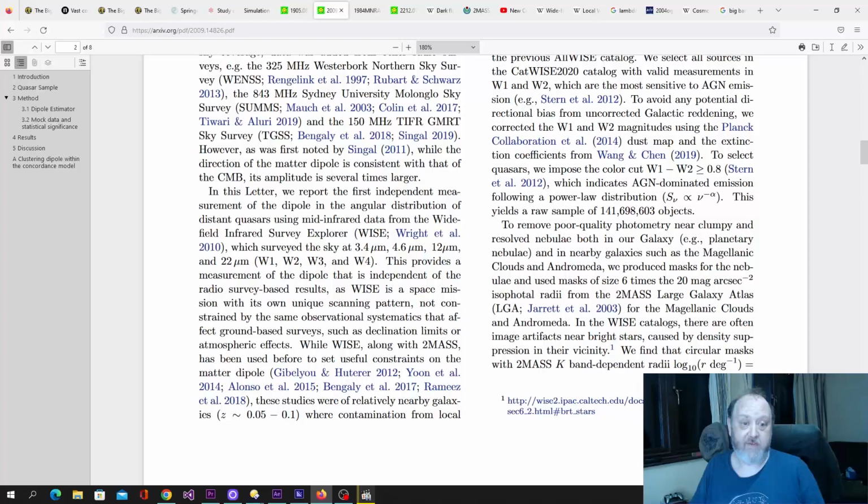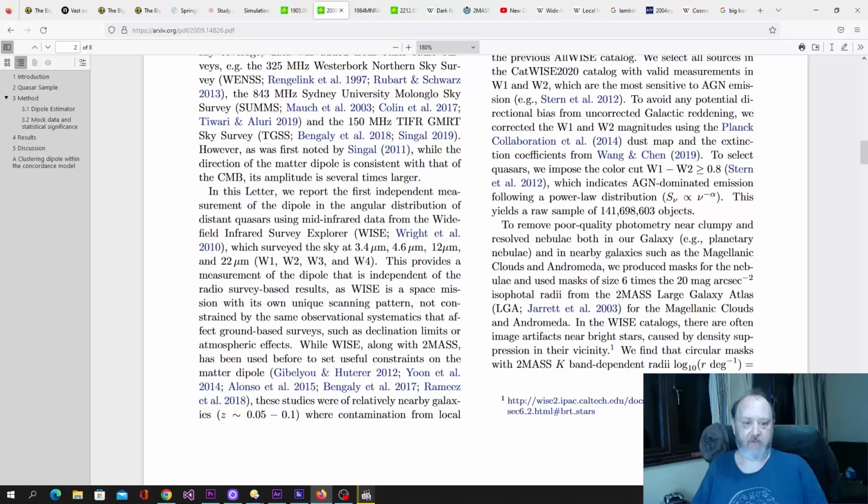So in this letter, we report the first independent measurement of the dipole in the angular distribution of distant quasars using mid-infrared data from the Wide-field Infrared Survey Explorer, which surveys the sky at 3.4 micrometers, 4.6 micrometers, 12 micrometers, and 22 micrometers.